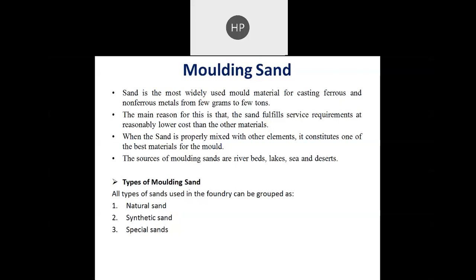The main reason for this is that sand fulfills service requirements at a reasonably lower cost than other material, and this is the most important thing. And when the sand is properly mixed with other elements, it constitutes one of the best materials for the mold.